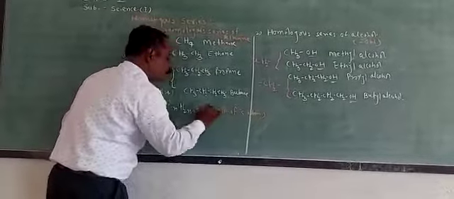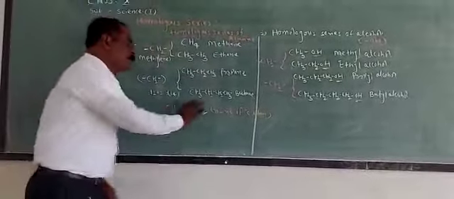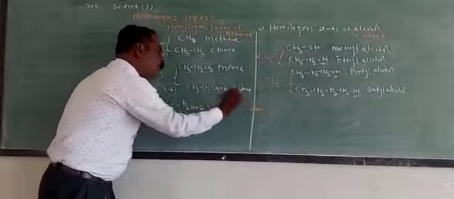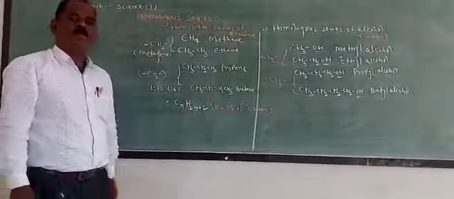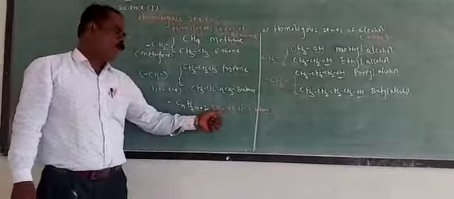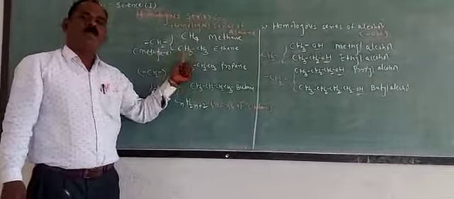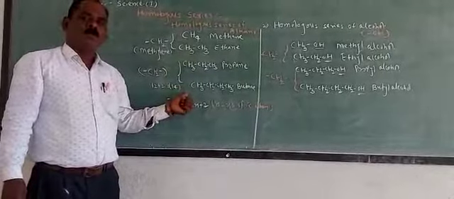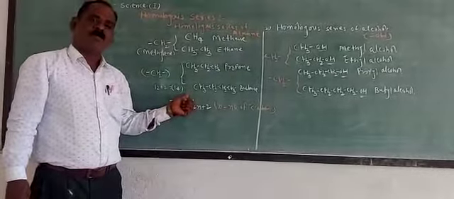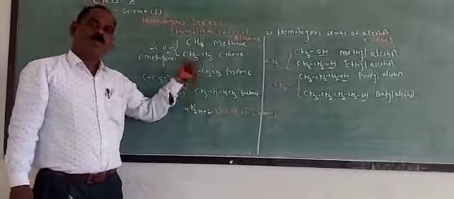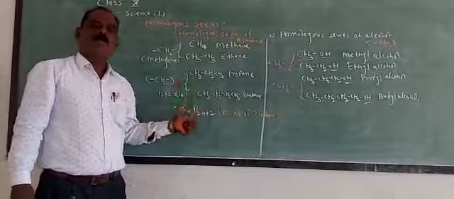H means hydrogen. Substitute the value of n in the formula and we get the molecular formula of any molecule. But this point is not included in your syllabus. You only remember that all members of a homologous series have the same functional group.